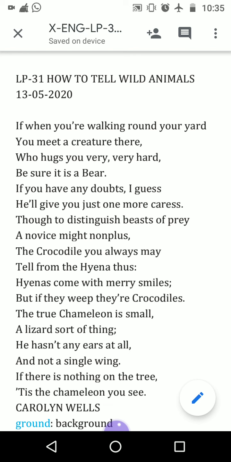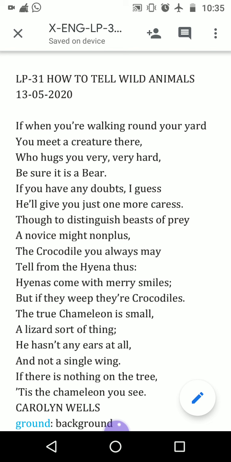"Though to distinguish beasts of prey, a novice might nonplus." These all are actually beasts of prey who hunt human beings for their food. We have read about the tiger, the lion, the leopard, and now the bear, and now see what the others are.